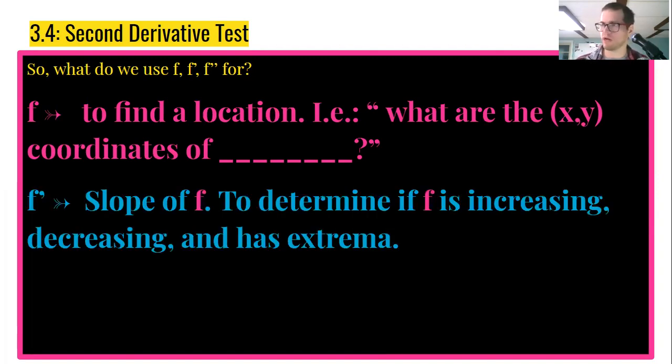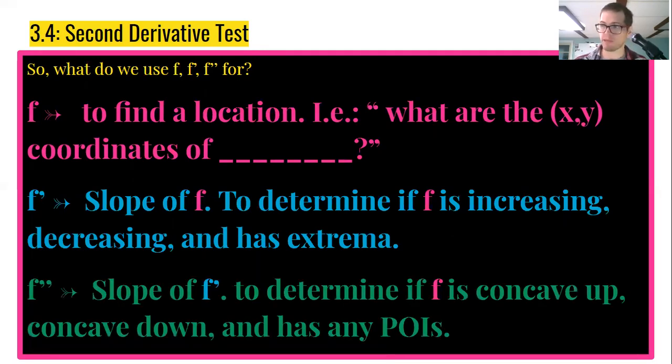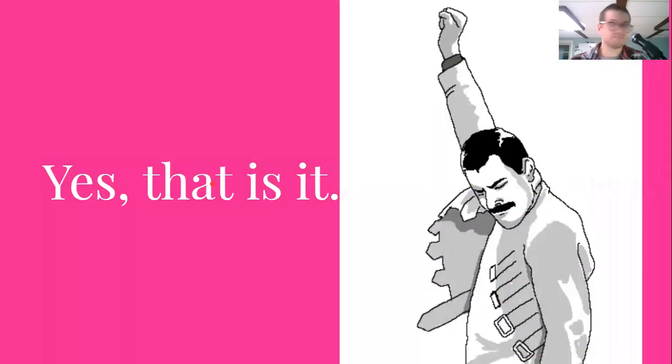We use it to determine if f is increasing, decreasing, and has extrema. f double prime is the slope of f prime. And we also use it to determine the concavity of f and if it has any points of inflection, POIs. That's it.